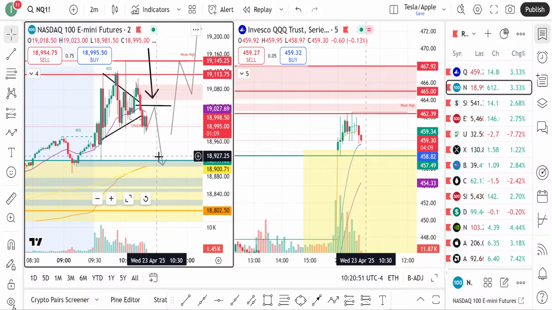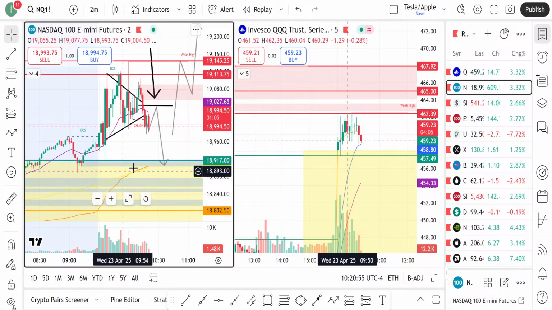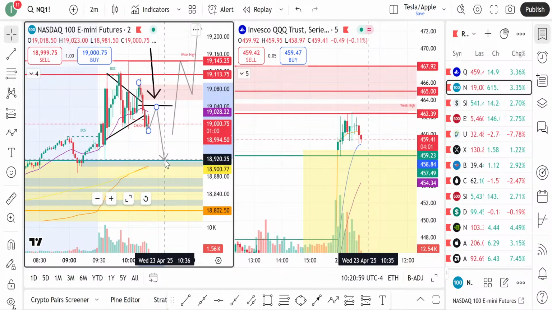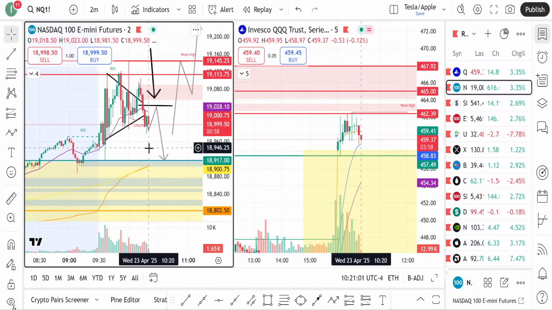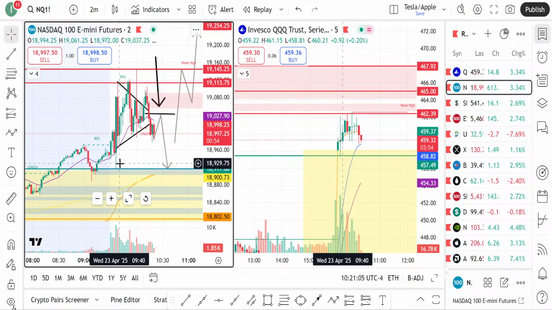Right, so watch the first line of defense from the buyers right here. This is the first line of defense, which is the pre-market lows.